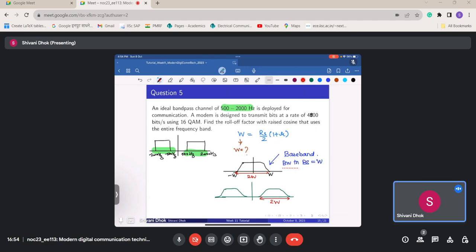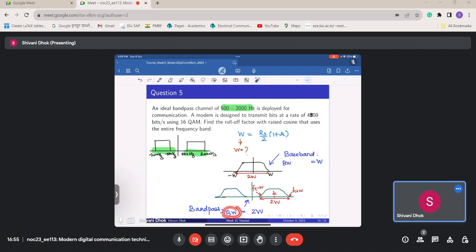Let's say this is some fc, so this will be fc plus W and this will be fc minus W. So this thing is happening in band pass. And bandwidth here is equal to 2W.